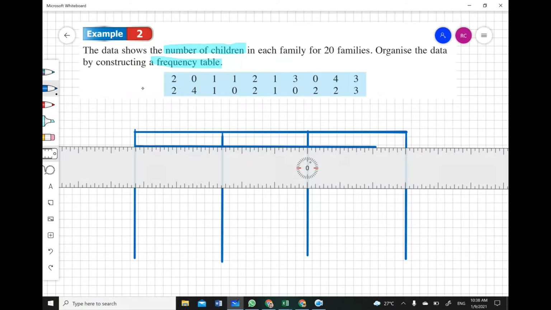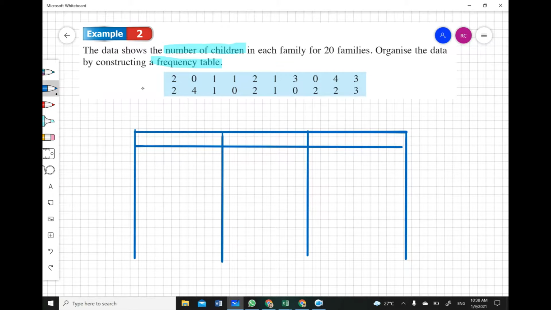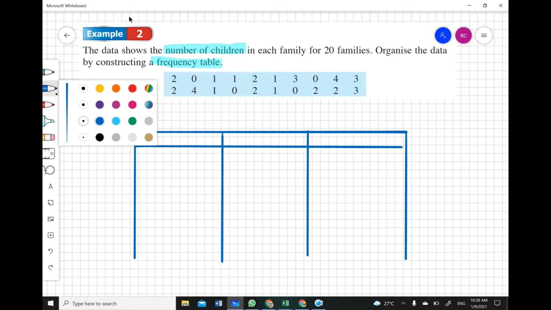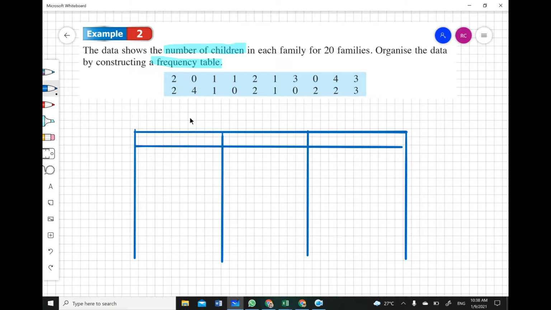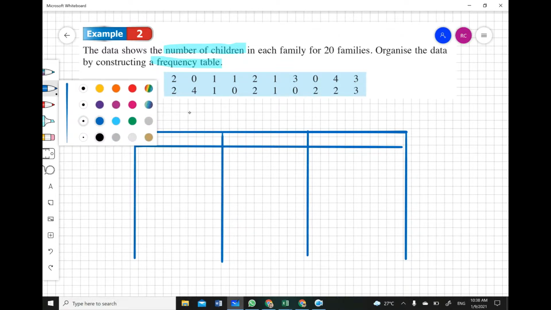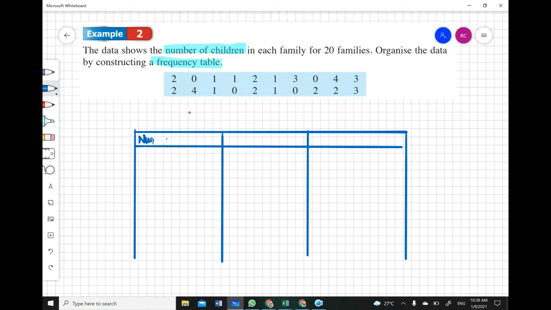Then we write down the title for each column. Because the data shows the number of children, the first column I'm going to write the number of children. The next thing we have to use is tally.